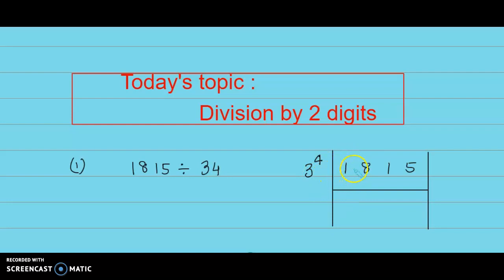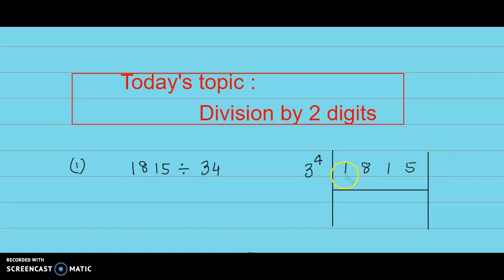Now in the dividend, the first digit is less than the divisor, so we will consider two digits, that is 1 and 8. So 3 goes into 18 5 times, as you can see.